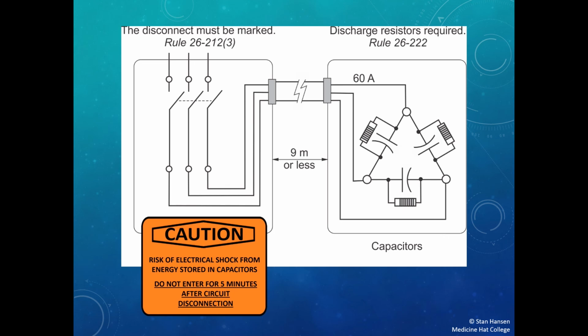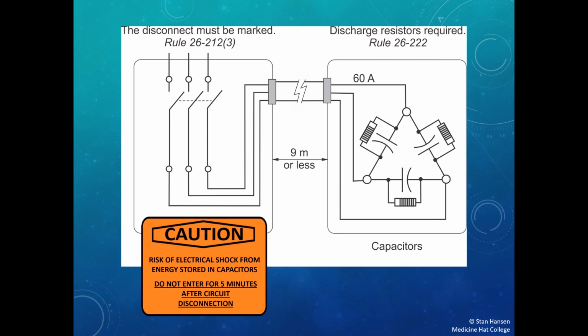When it comes to the current rating of my disconnecting means, I need to make sure I refer to Rule 26.214, which states that the disconnecting means for capacitor feeder or branch circuit shall be rated not less than 135% of the rated current of the capacitor. And this is the same rule I have with my conductors. We need to make sure that whatever the capacitor current is, the disconnect switch is going to be rated at 135% of that value.